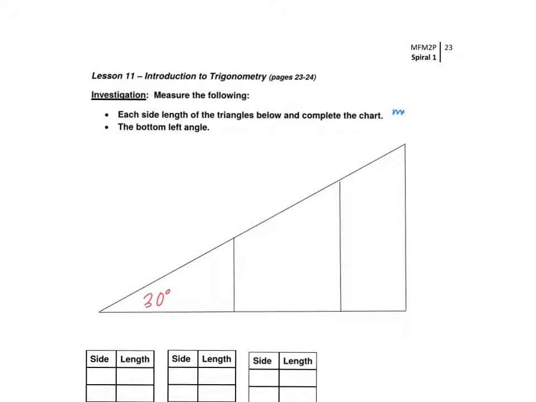So when I ask you to measure, I ask you to measure the length of the hypotenuse of each triangle and the length of the opposite to the angle for each triangle, which we will label O, and the hypotenuse, which measures from here to here for this triangle, from here to here for this triangle, and from here to here for this big triangle here. Okay? And that's what we want.